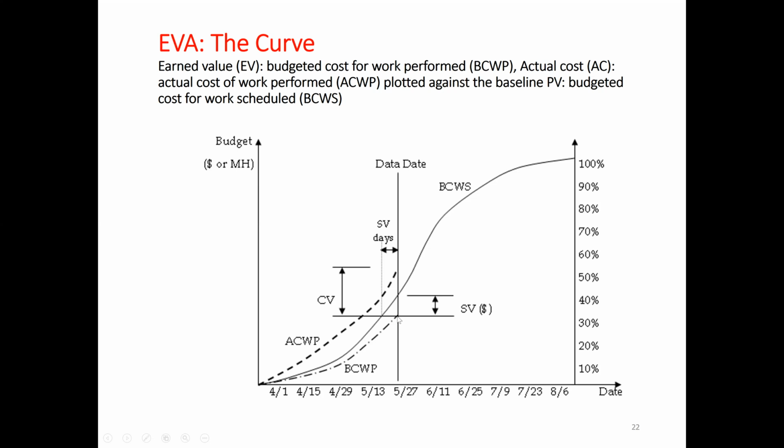SV is EV minus PV, and we got a negative value, so we are behind schedule. Our EV is less and PV is more, so we are behind schedule. With this, we move forward.